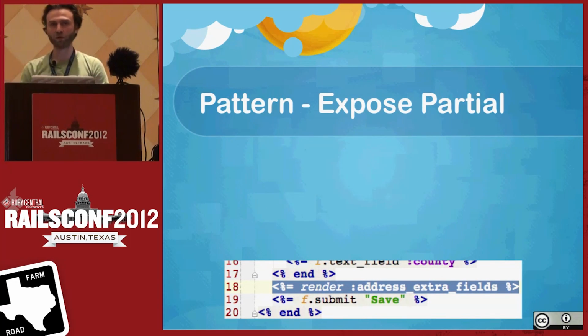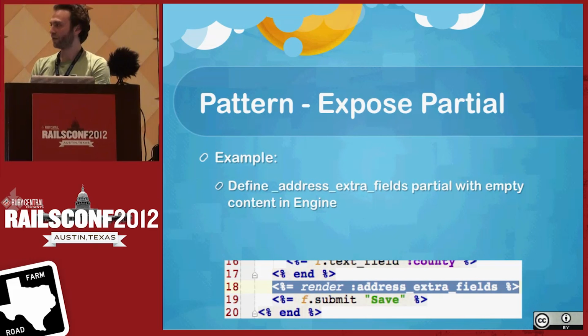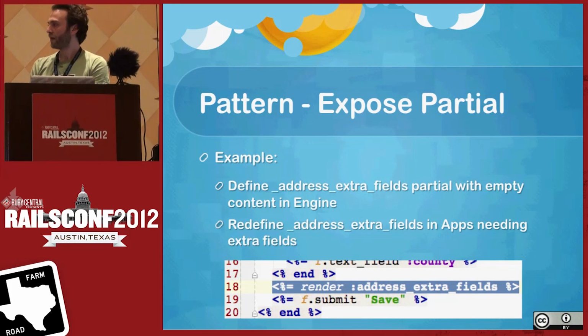That's why we didn't use a helper. There's no need for a helper. You can just do it with a partial. So in the engine, you define an address extra fields partial that you keep empty. Then you redefine that partial in the app with the extra fields that are needed. And within the engine code at the bottom, as you see, you render that partial.